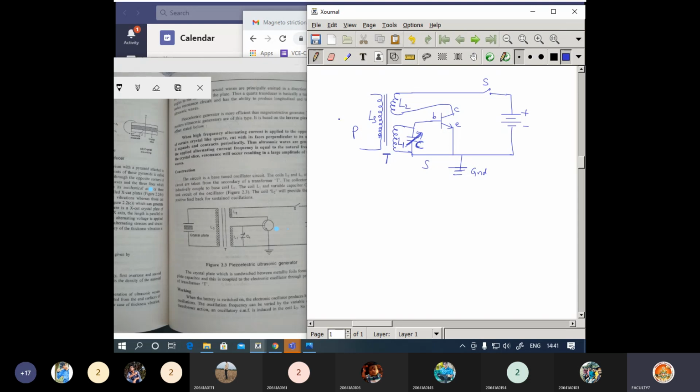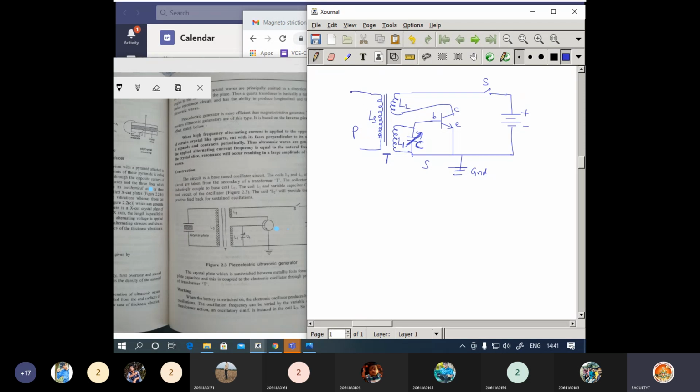As this is mutually induced to the primary side, it is going to generate a variable voltage in the coil L3. This side it is going to be the EMF, electromotive force. Due to the electromotive force, we get the variable voltages in the coil L3.